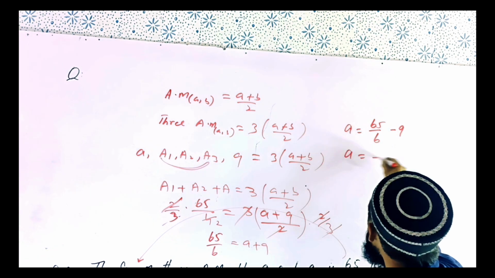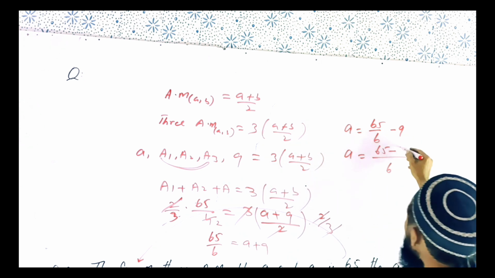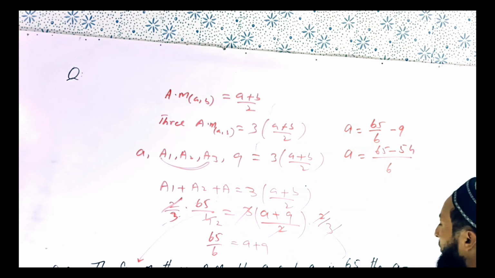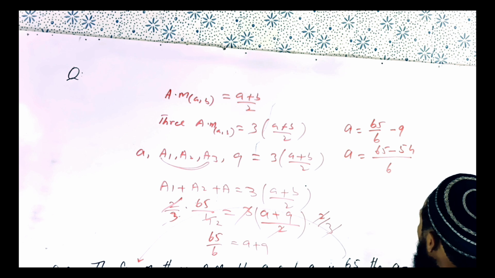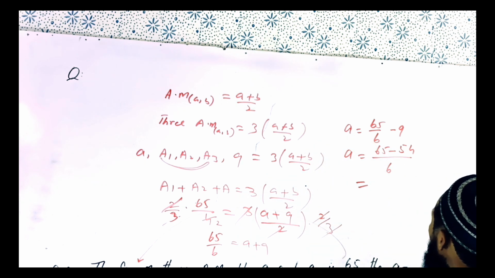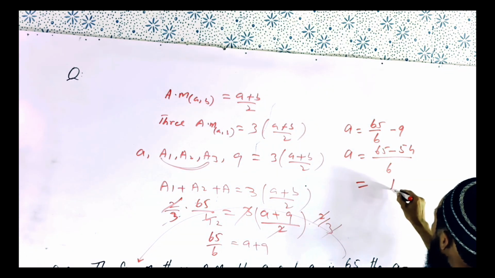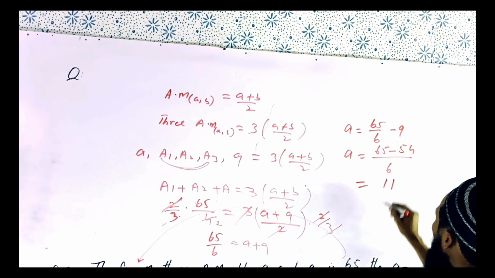Taking the LCM, 6, 9 multiplied by 6 gives 54. If we subtract, 65 minus 54, we get 11.